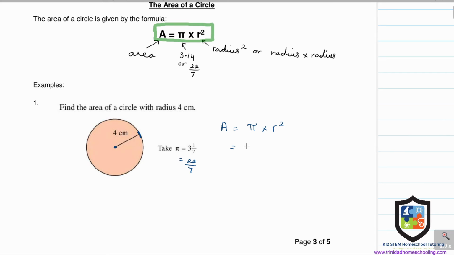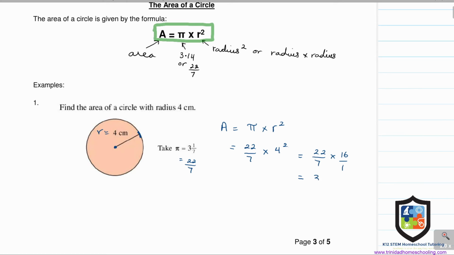They said to use pi as 22 divided by 7 multiplied by my 4, which is my radius, squared. So 22 divided by 7 multiplied by 4 4s are 16. Okay, so we have here 22 multiplied by 16 divided by 7.